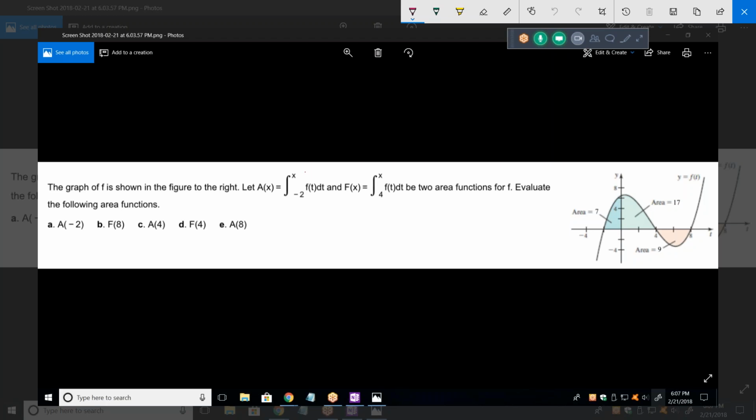So that is the area from there to some x. And this is the area from there to some x.